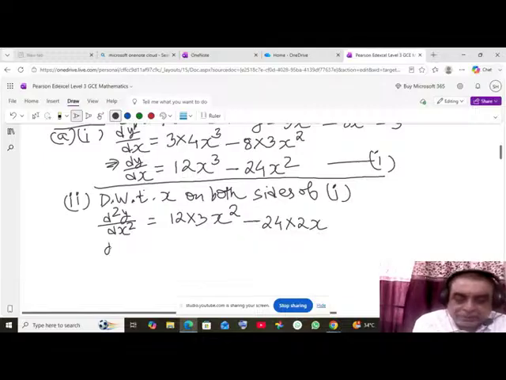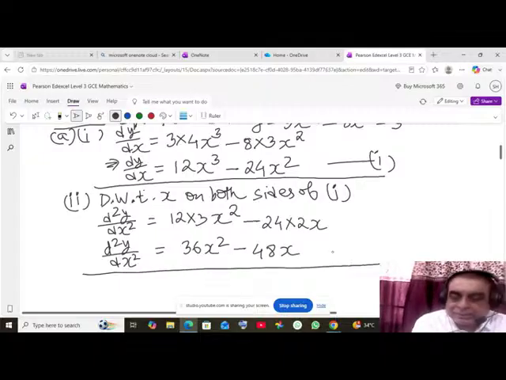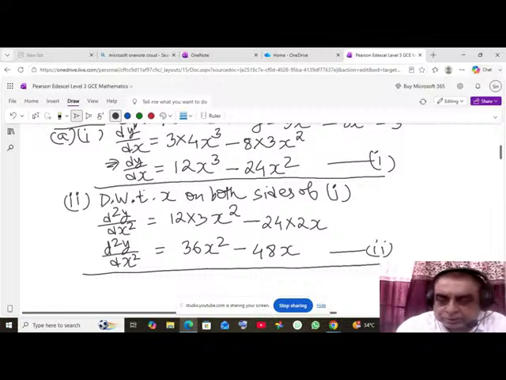Now simplify it. You will get d squared y by dx squared: 12 times 3 is 36x squared, minus 24 times 2 is 48 times x. So this is d squared y by dx squared. This A part is completed.